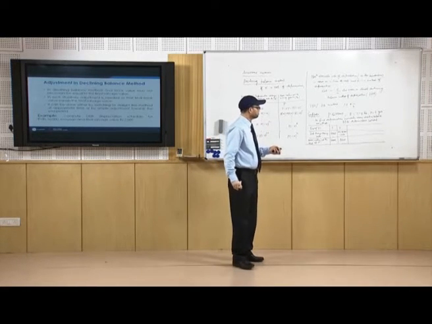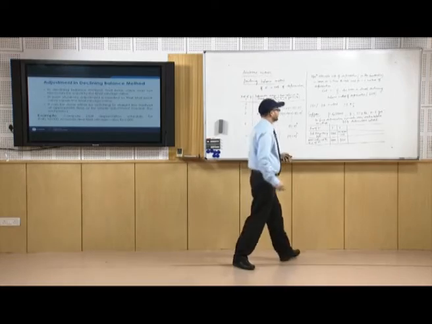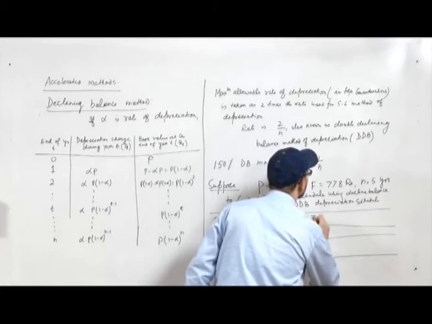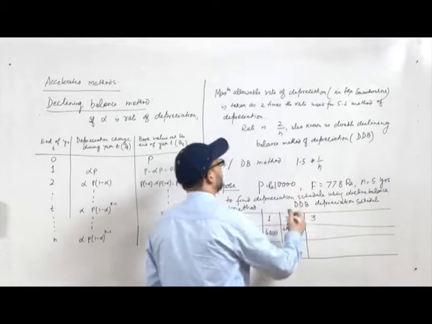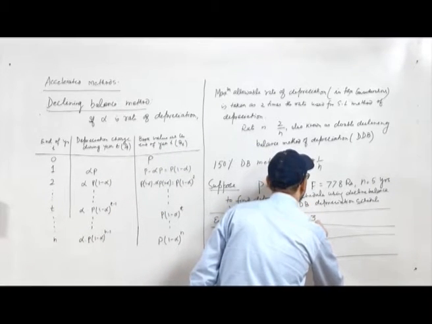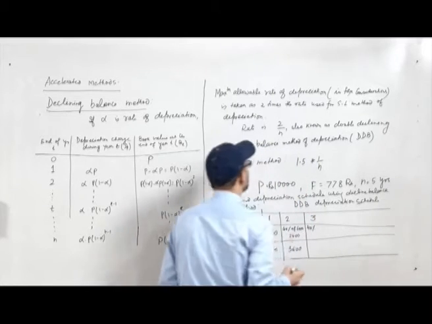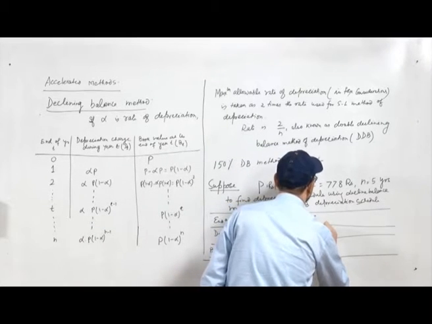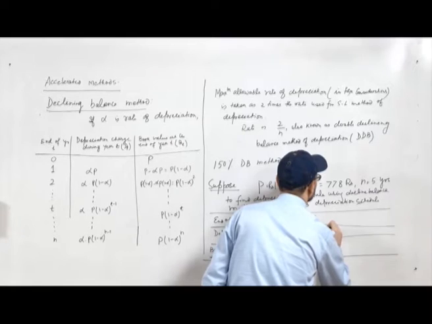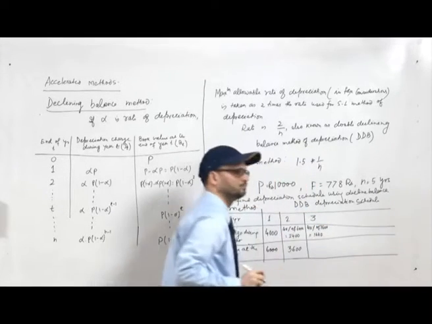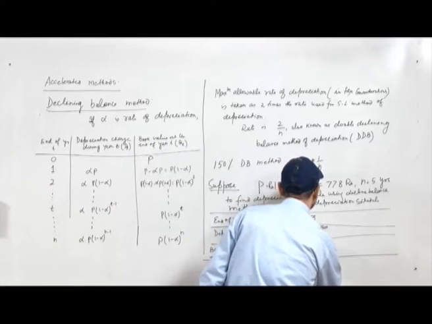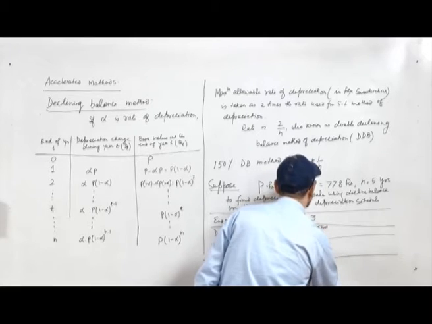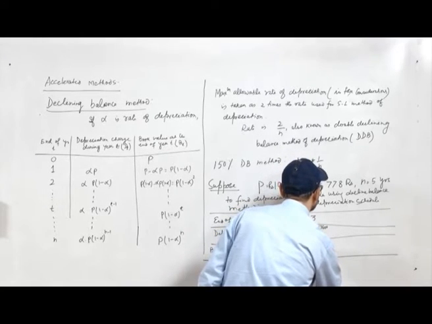Then you have the third year. In the third year, your depreciation charge will be 40% of the book value at the end of second year. So, 40% of 3,600, that is 1,440. So, book value at the end of third year will be 3,600 minus 1,440, that is 2,160.